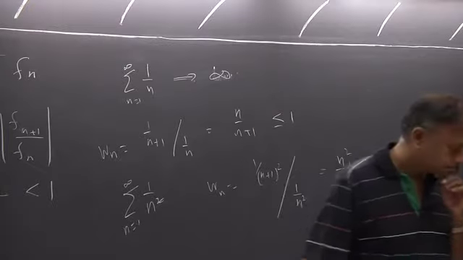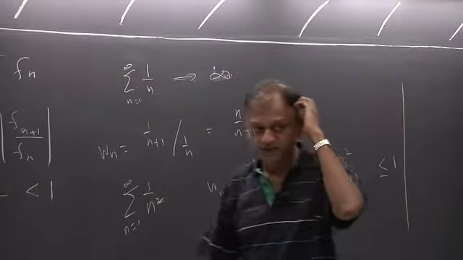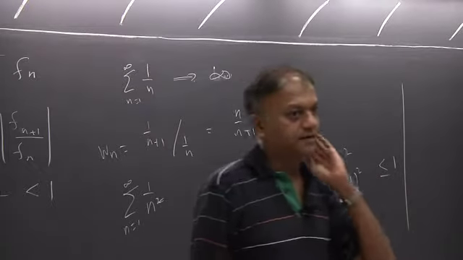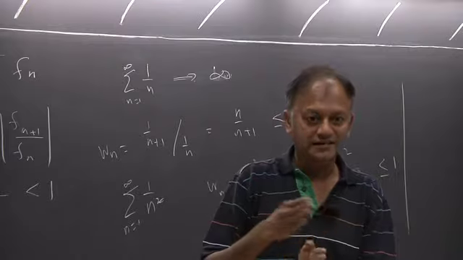Another thing, you remember last time I also mentioned the uniform convergence. If it is uniform convergence, then you can exchange the n going to infinity limit and the integrals.